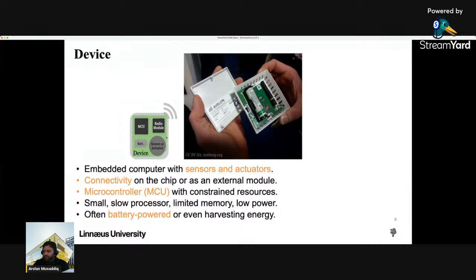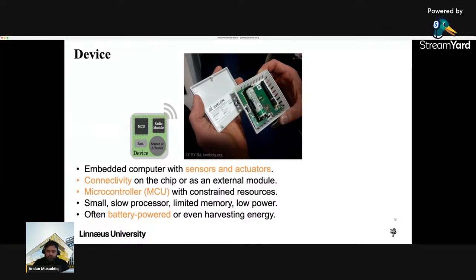And this is one of the most important aspects of IoT devices, because we need communication to make it possible to exchange data and to do processing and so on. One defining feature of these devices is the use of microcontrollers, or MCUs in short, which are, as we know, compact processors, and they have constrained resources.